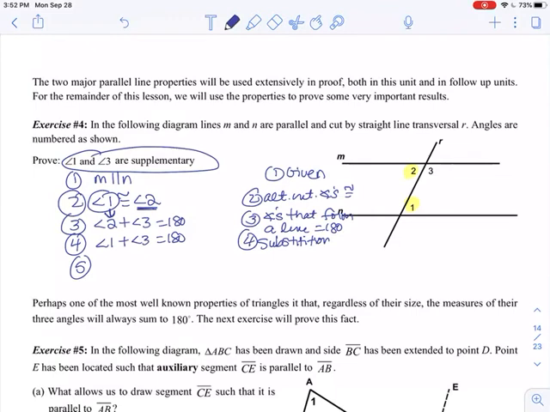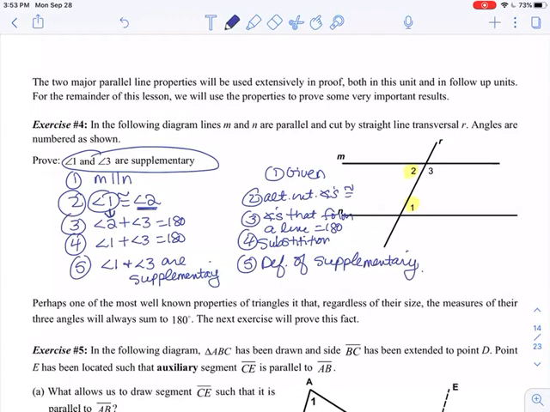What I ultimately wanted to prove is that angle 1 and angle 3 are supplementary. If they equal 180, they are supplementary. So angle 1 and angle 3 are supplementary, and that's just the definition of supplementary angles. Two angles that equal 180 degrees are supplementary.